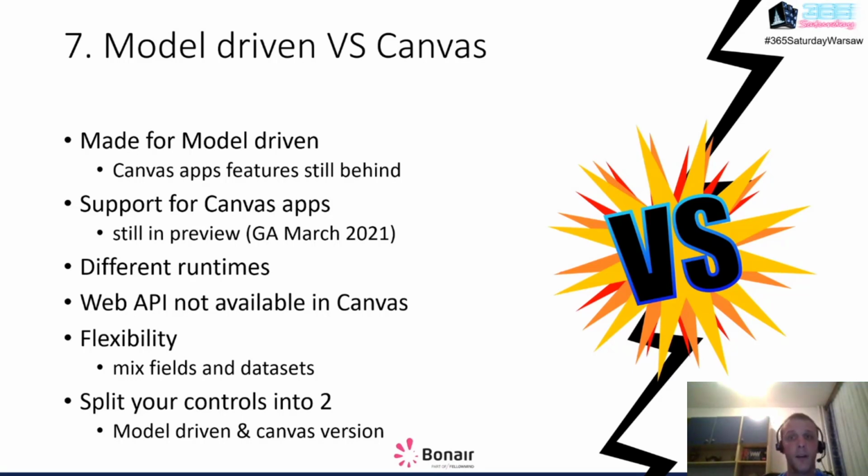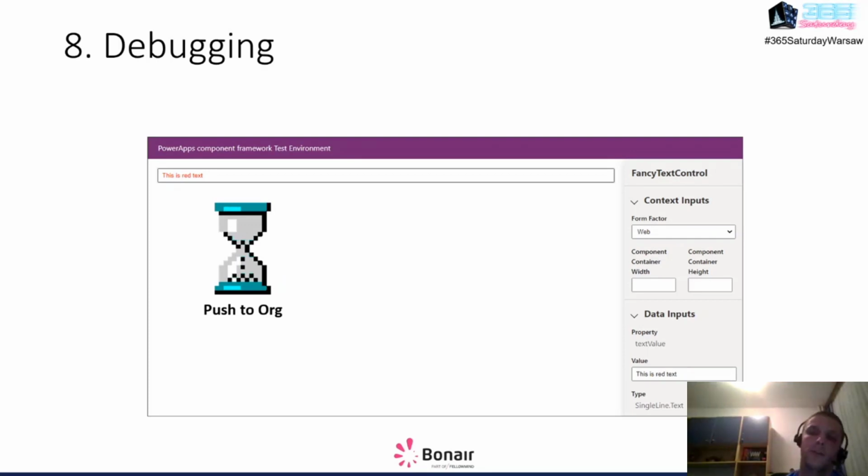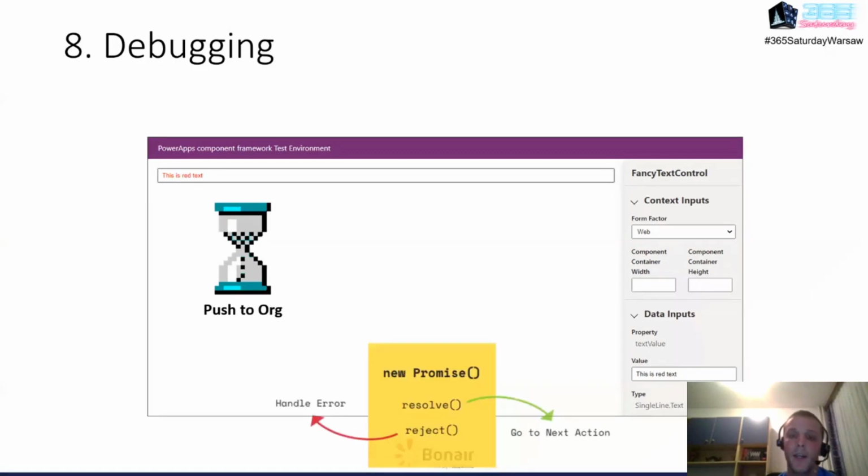Okay. So the debugging part, I think that's the most underestimated part here, because most of the people are using the test harness. Test harness is cool. It's good for small controls, but when you try to implement complex logic, it's not the way to go to test your component. So you need to push your control to the organization and test it there, and that takes some time.